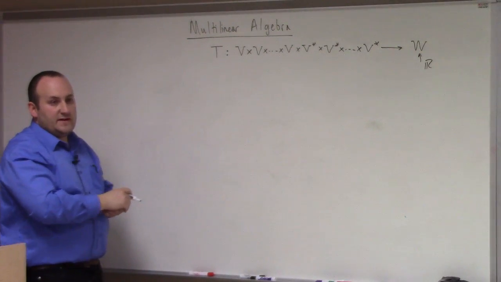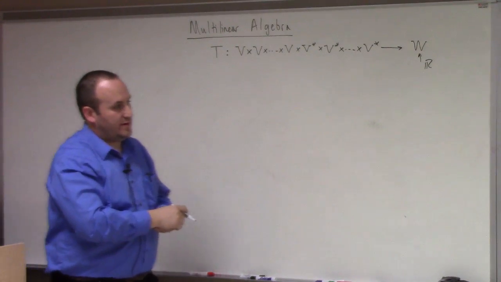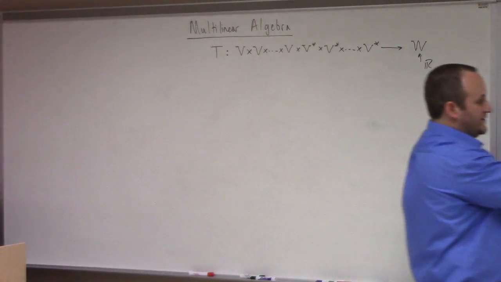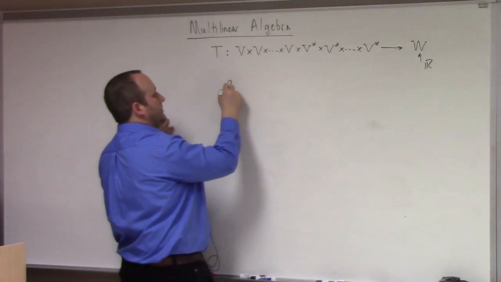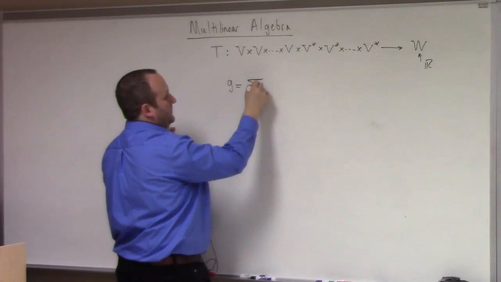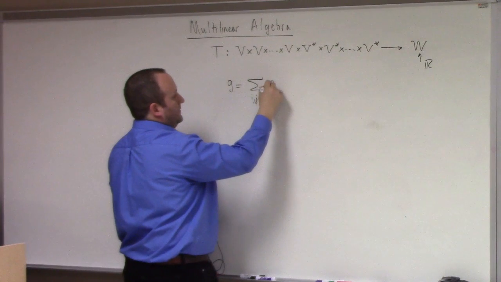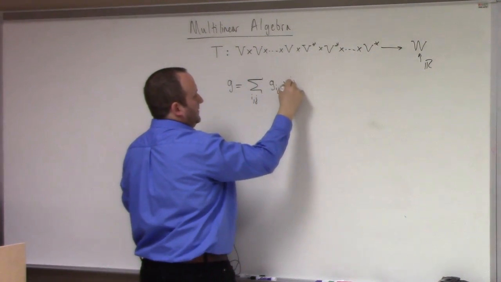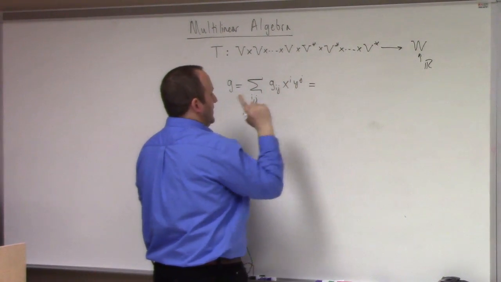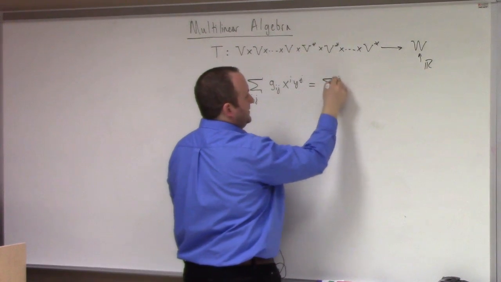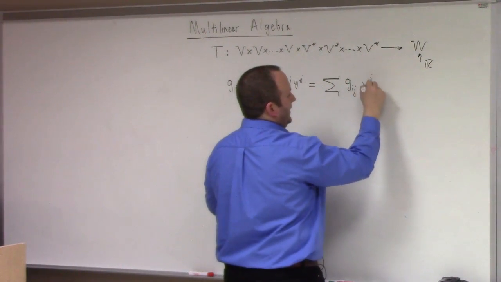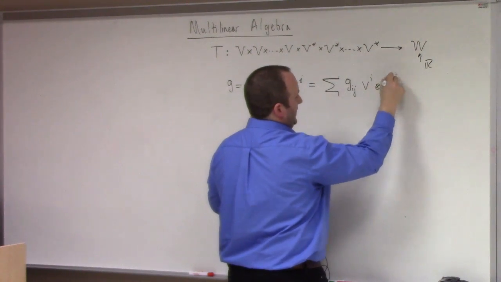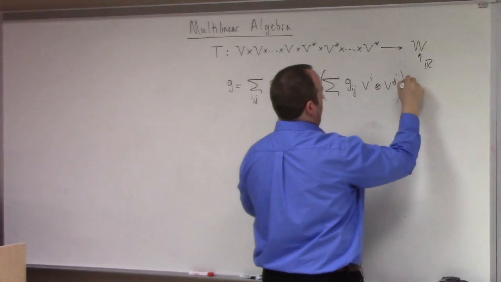But you've already studied one tensor. I have it on the board right now. For example, G. I just wrote it as G_ij x upper i, y upper j. But we can also write this as G_ij, v^i tensor v^j, acting on x, y.